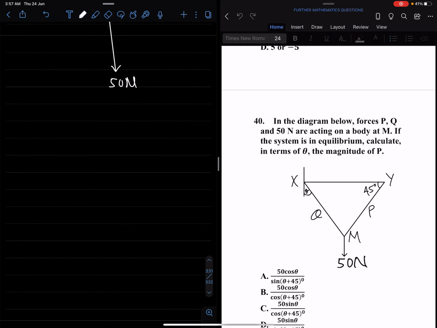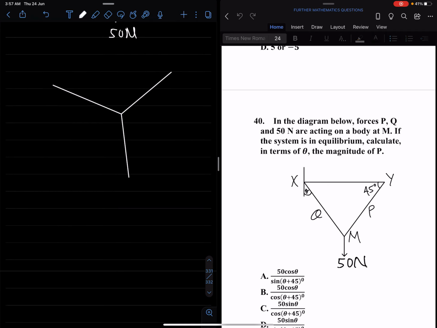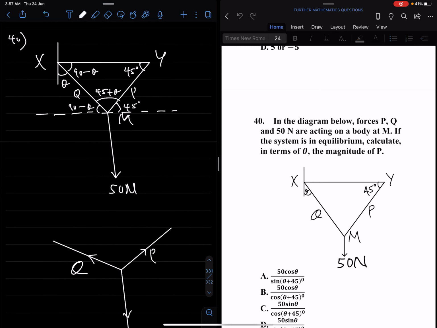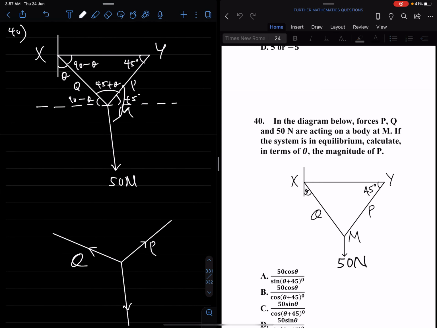Let me sketch a diagram this way. These are the forces. This is P, 50 newtons. Sorry, that's the force 50 newtons. This is force P, and this is force Q. That's where the arrow should point. So the angle between P and 50 newtons is 45 plus 90. Of course, this is 90 and this is also 90.